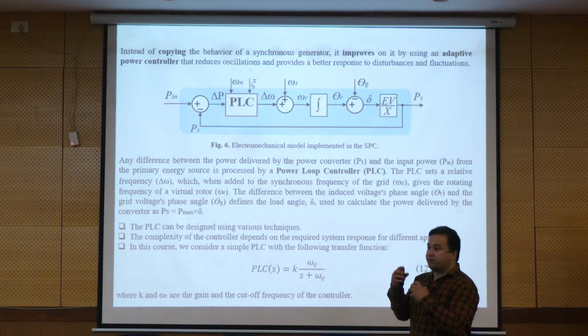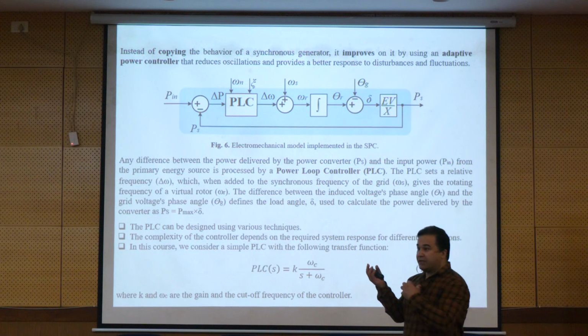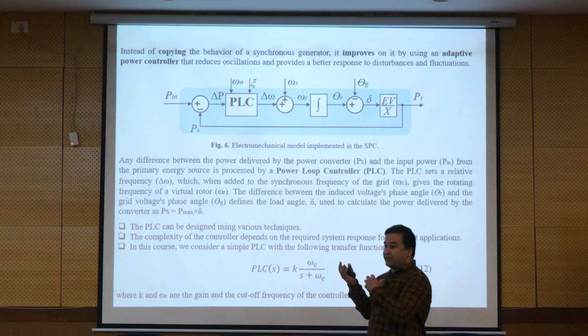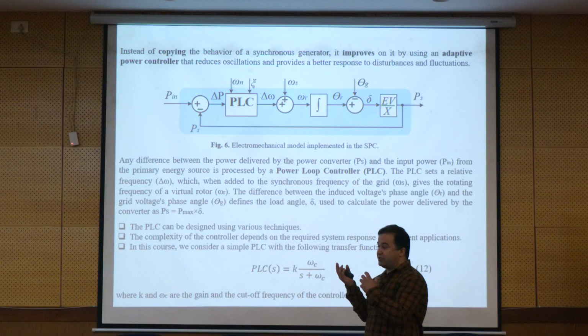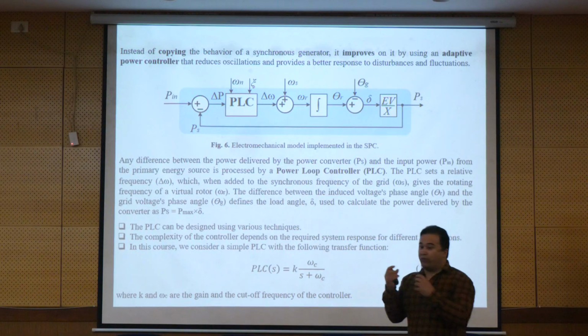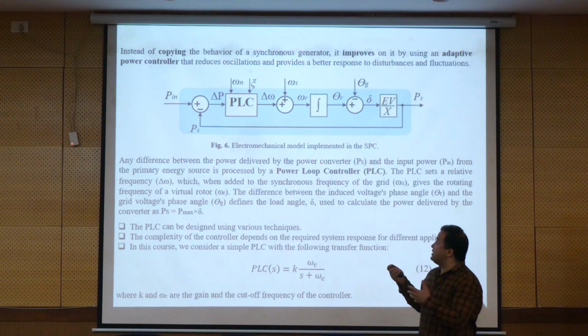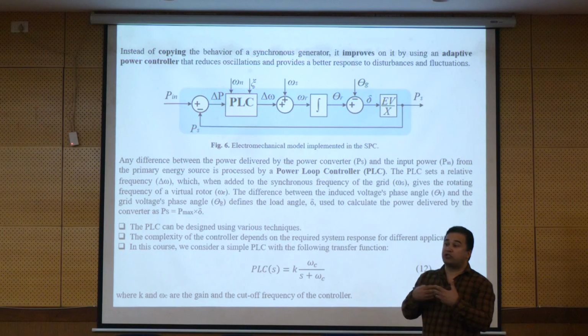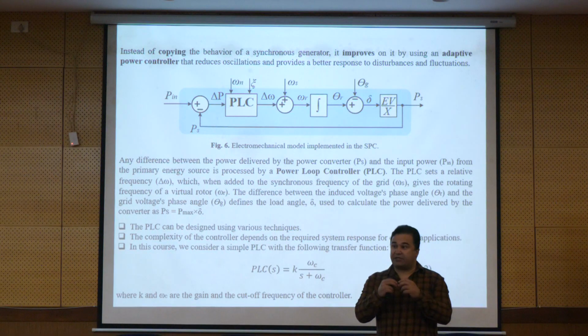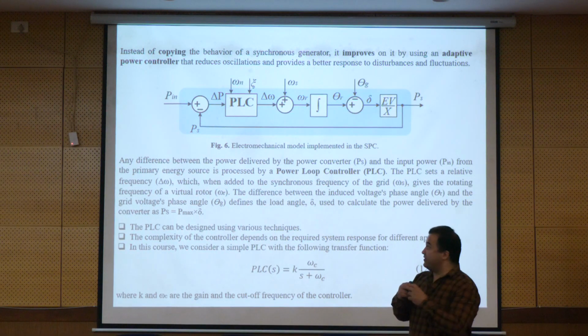This frequency should be equal to the frequency of the reference we need, which can be the grid frequency. When it is not equal, it means that we have some problem, because we cannot synchronize. So the PLL detects how much difference appeared in the frequency between omega r and omega s.